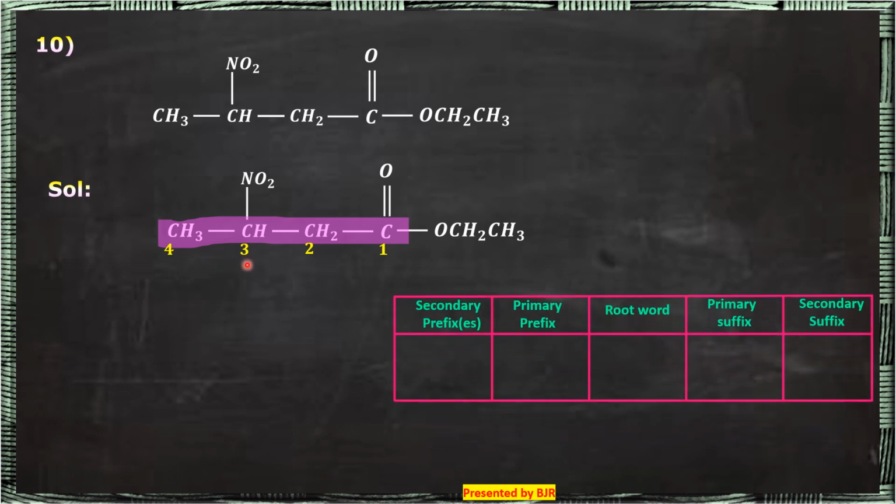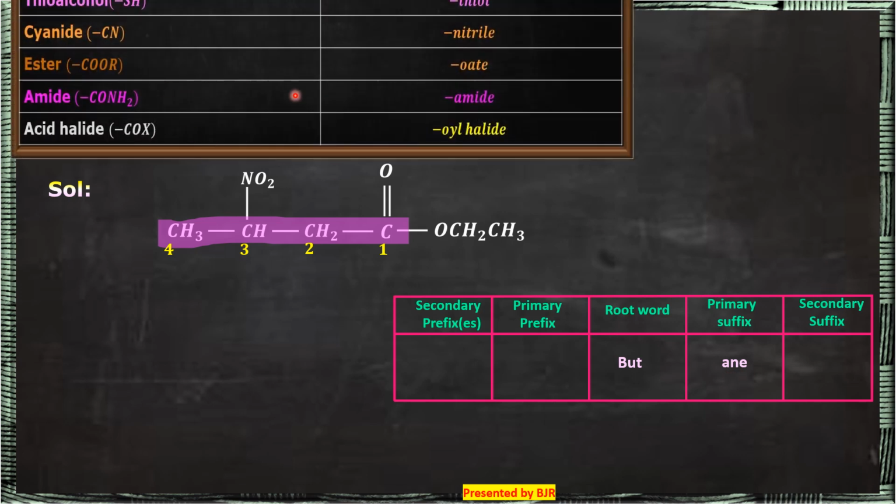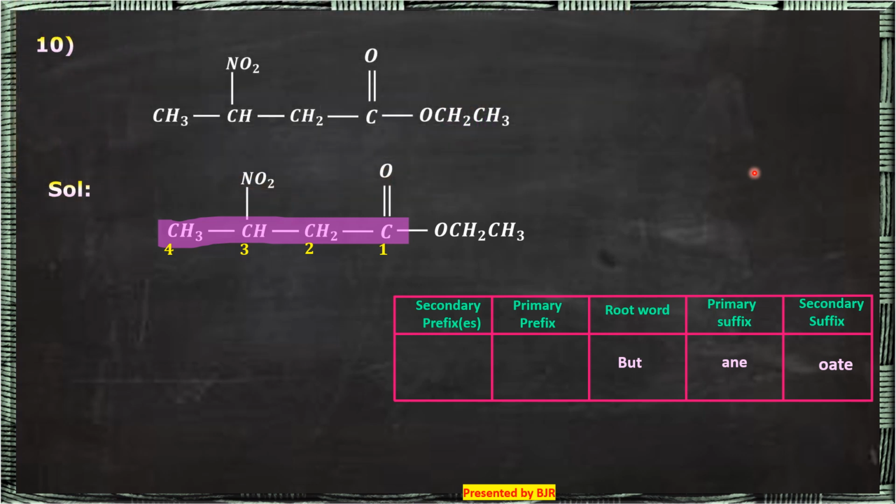The root word is but, primary suffix: only carbon-carbon single bonds are there in this chain, so it is ane. Secondary suffix, you can see here: the secondary suffix for the ester functional group is oate. And the nitro group is attached to the third carbon atom as the secondary prefix. So the name of this organic compound: this is an ester.